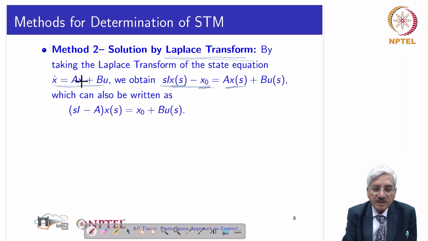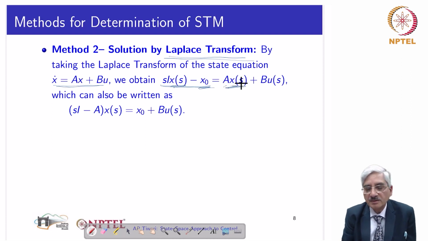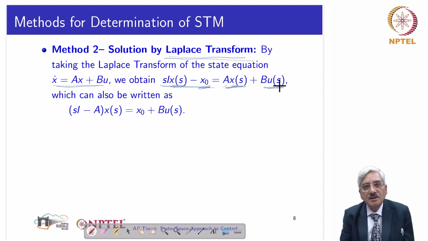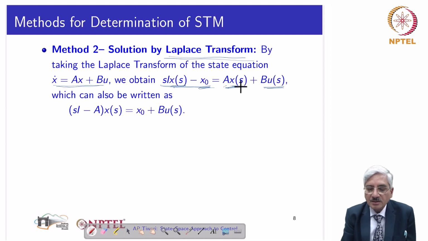A is time independent, so A times X(s), the Laplace transform of x(t), and B times U(s). U(s) is the Laplace transform of u(t). And in this we can take AX(s) on the left, x(0) on the right, and we will get (sI minus A) X(s) equal to x(0) plus BU(s).